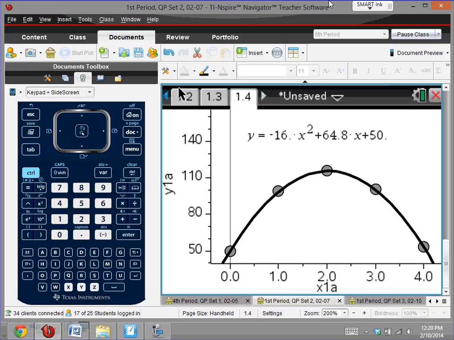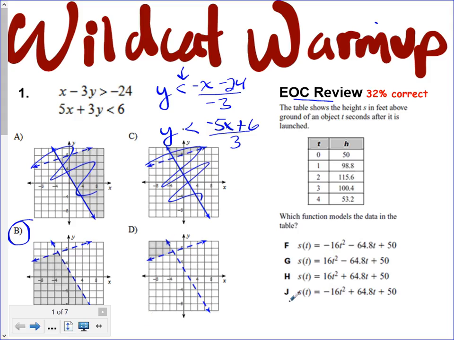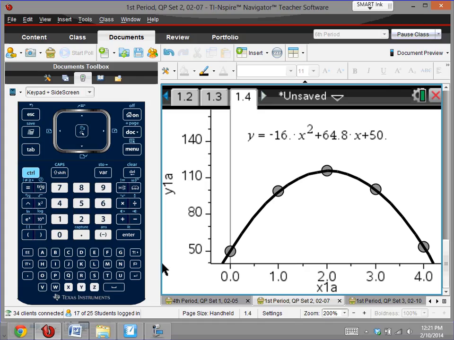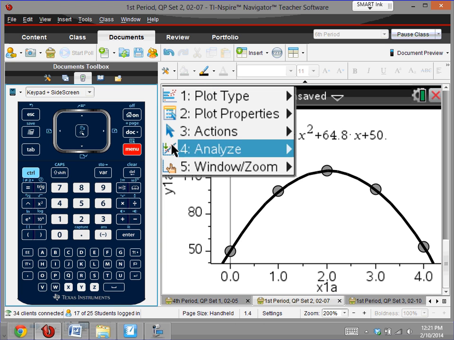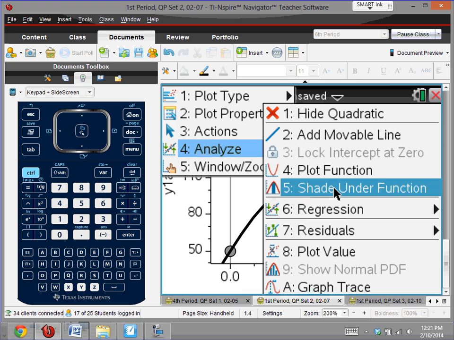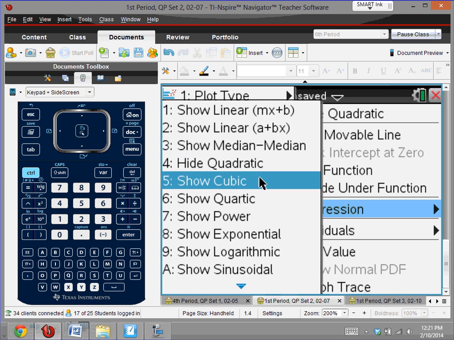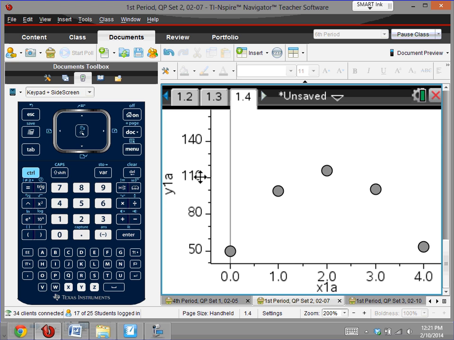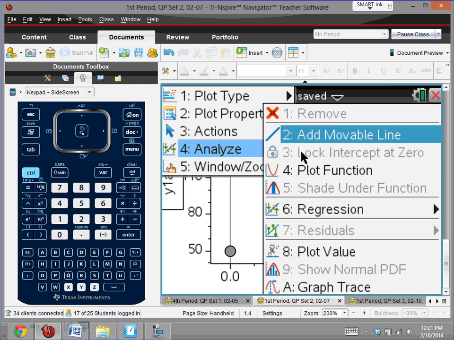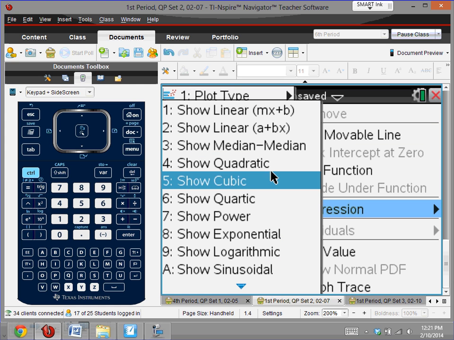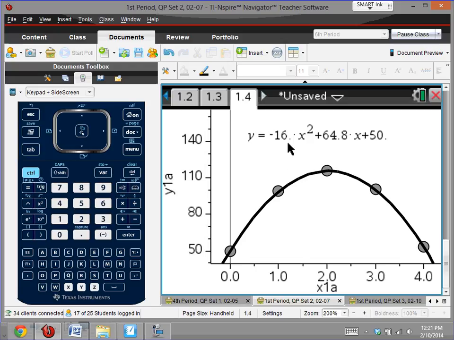That's the biggest thing here. How do you get the line on there? Menu, analyze, regression, quadratic. See, now mine disappeared. Menu, analyze, regression, quadratic. Remember, you want the simplest one that gives you these whole numbers.